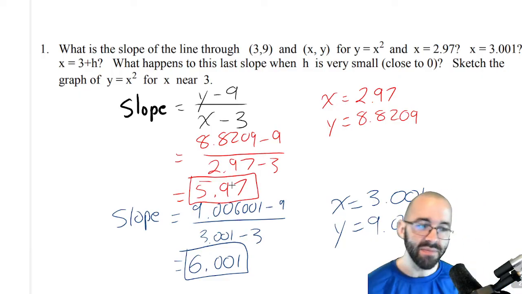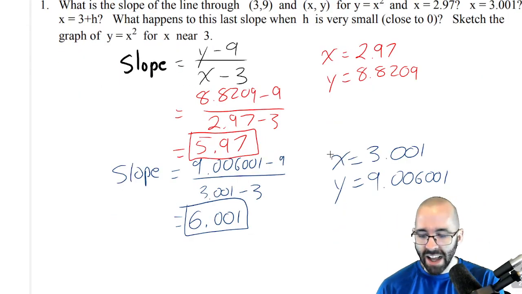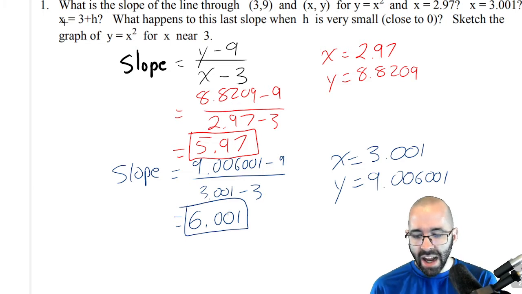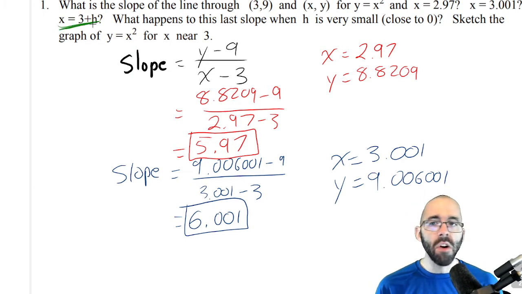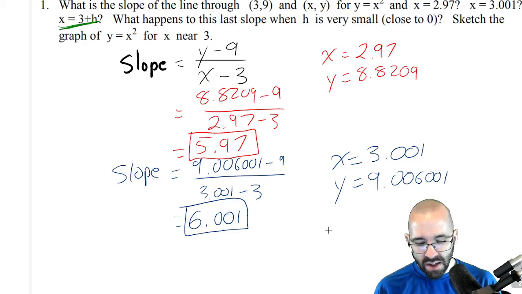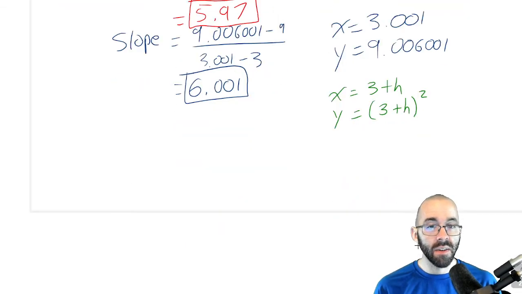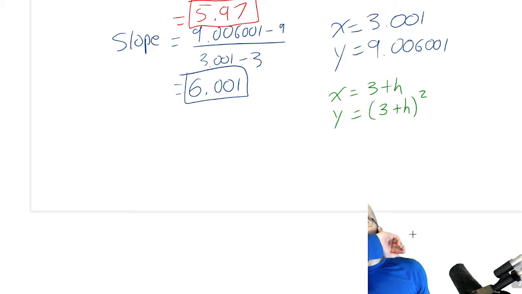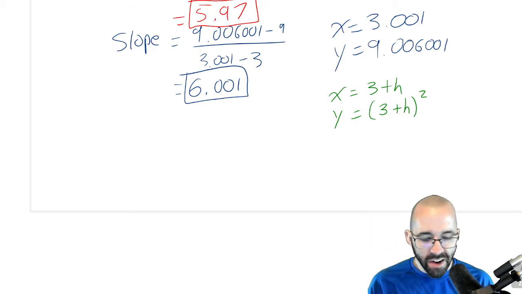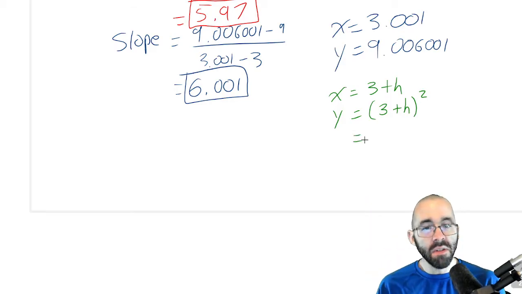Maybe. So let's do the last one. When x is 3 plus some small number h, what is y going to be? It's (3 plus h) squared. All right, so let's simplify. What does it mean for something to be squared?